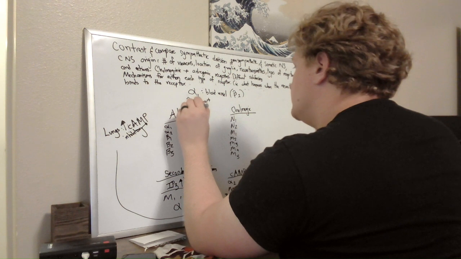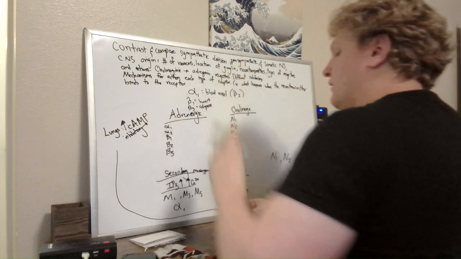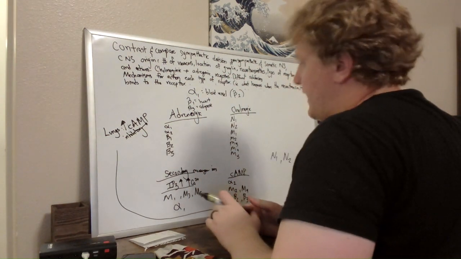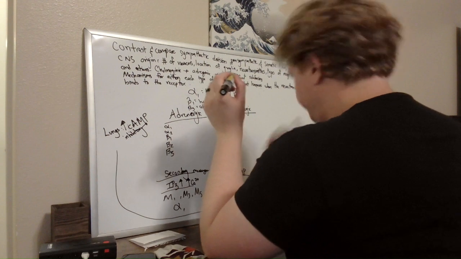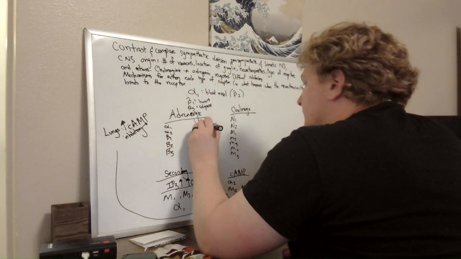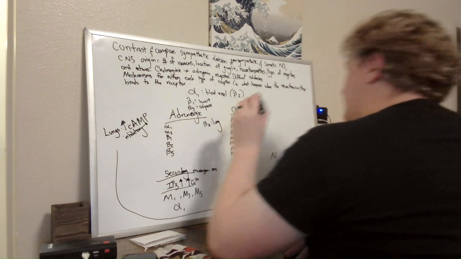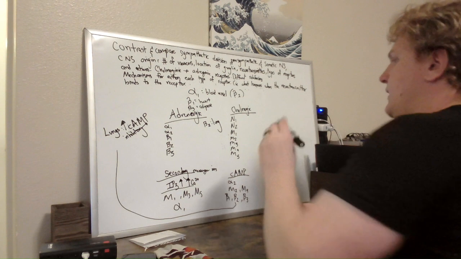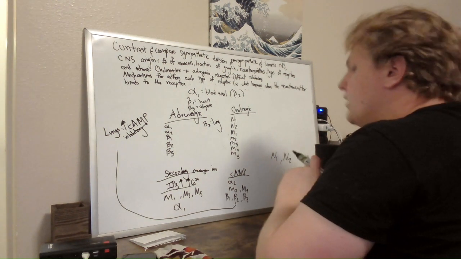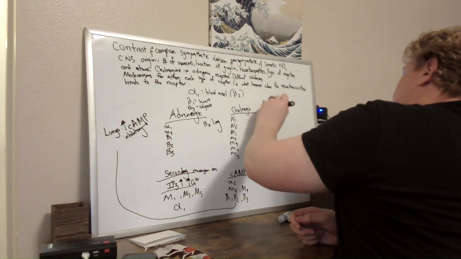Beta 3 is adipose tissue, adipose tissue like fat. And beta 2, like I was talking about before, is associated with lungs. If I remember correctly, M3 is going to be our gut.